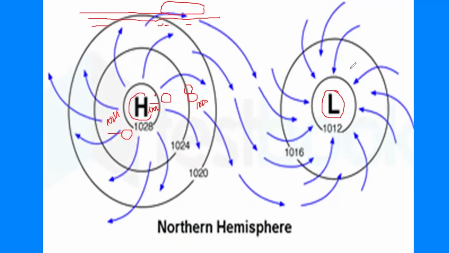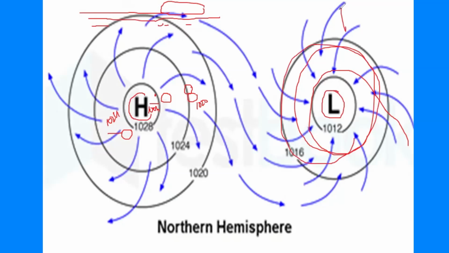Now look at these blue arrows. What are they showing? The direction. That means the air at a low pressure blows anti-clockwise. Note it down: low pressure is anti-clockwise.